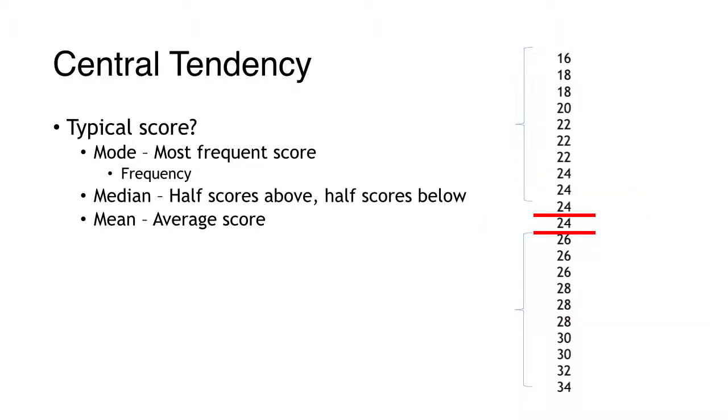This is another way that you'll see it done, where half of the scores are above that score and half are below. Now, be really careful. You'll notice that 24 is the median because I've ranked them all. It doesn't mean that 24 is the middle score of all the scores that were scored. It means that it's the middle of the frequency when I lined up all those scores.